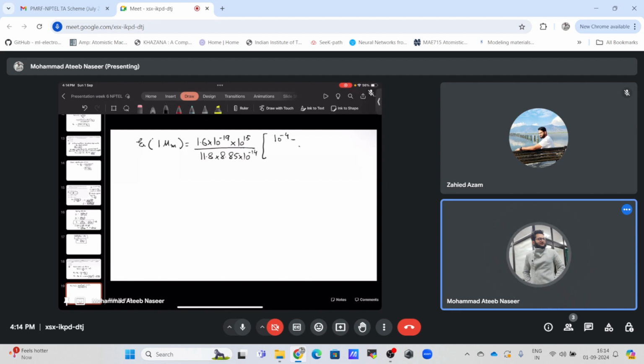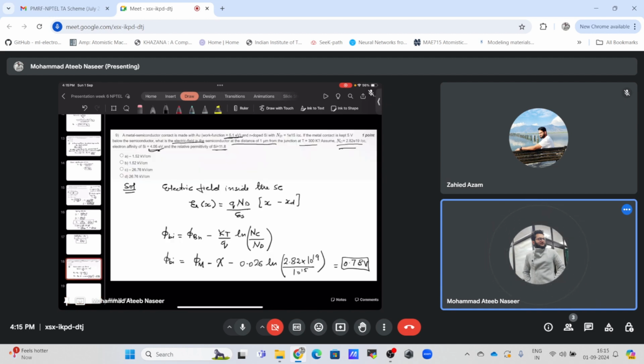Xt is simply the square root of 2 times epsilon s, which is 2 into 11.8 into 8.85 into 10 to the power of minus 14, times phi bi minus Va. Va is minus 5 volts. Okay, it's written over here.